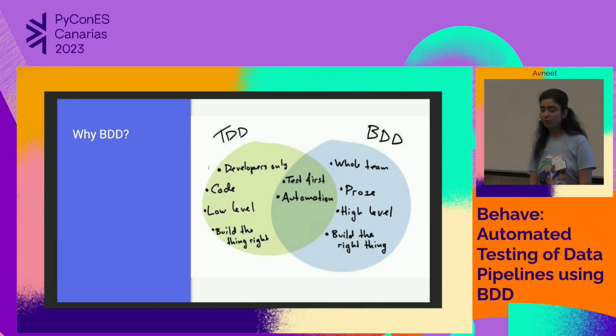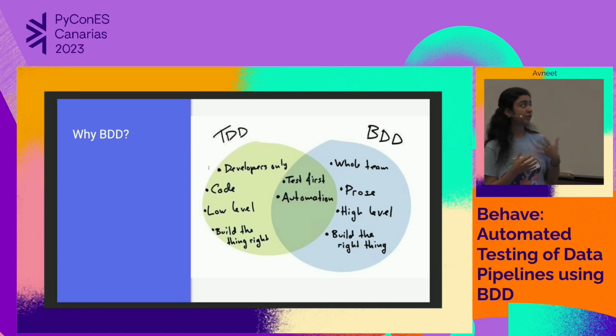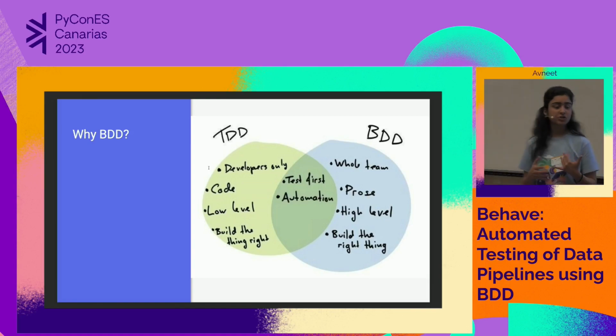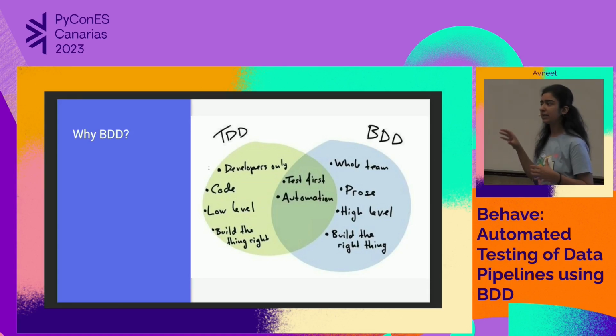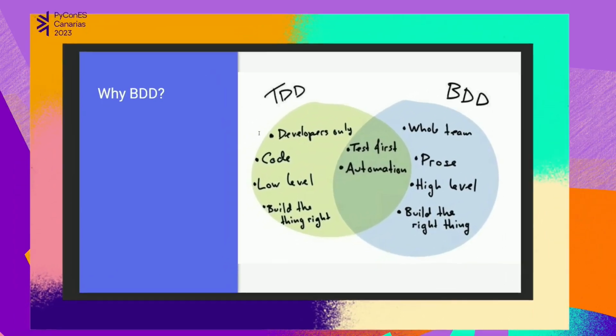Now let's look at what are the advantages of a behavior-driven development approach over a test-driven development approach. So first of all, in test-driven development, we as developers are writing the functionality as well as the code. So it can still be error-prone, and it may not cover all of the edge cases and scenarios.